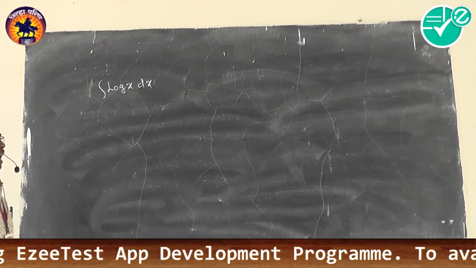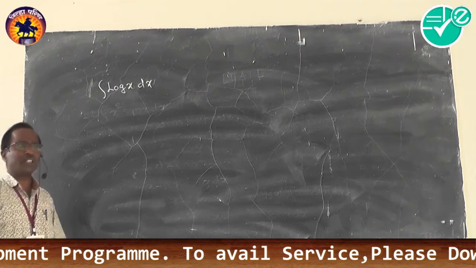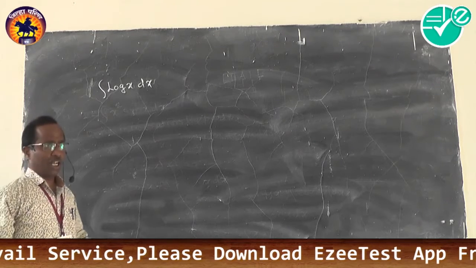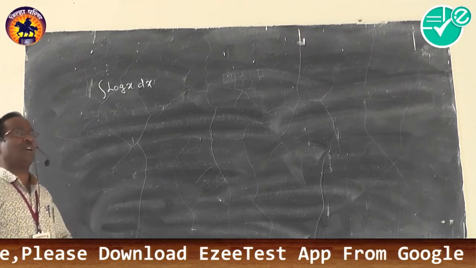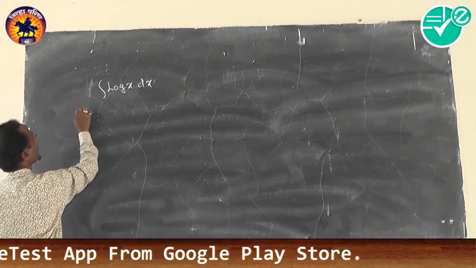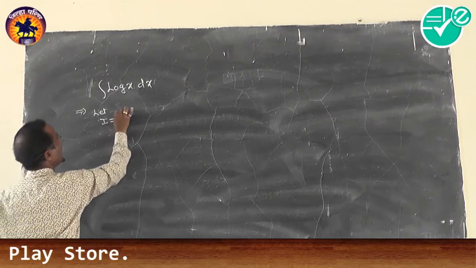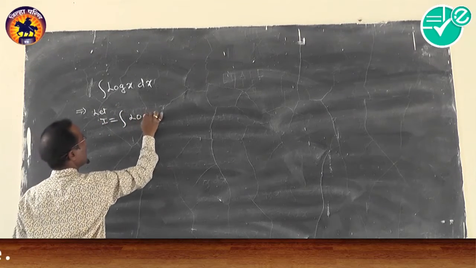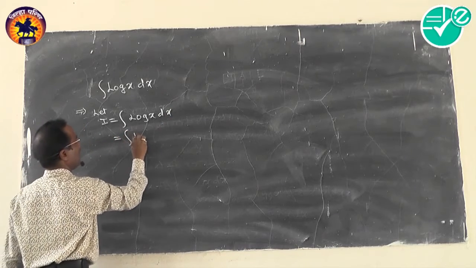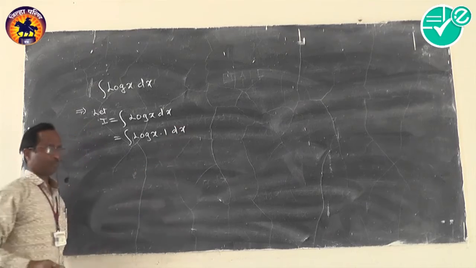We will give the remark: if the integrand function contains log x or an inverse trigonometric function, take it as the first function, and the second function is not given here. In such a case, we take the second function as 1. Let I be equal to the integral of log x dx. So this can be written as the integral of log x into 1 dx.